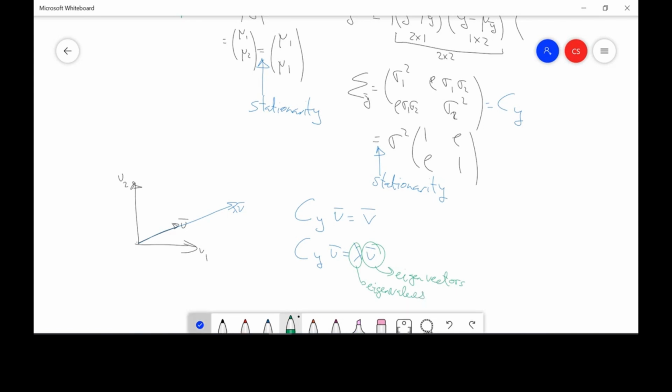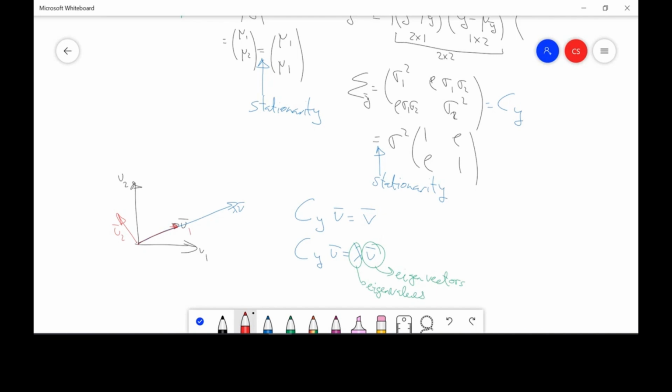They are nice because they define a basis. This one is an eigenvector, and this one is also an eigenvector. They are orthogonal to each other, and these two define the basis in which many nice properties occur.